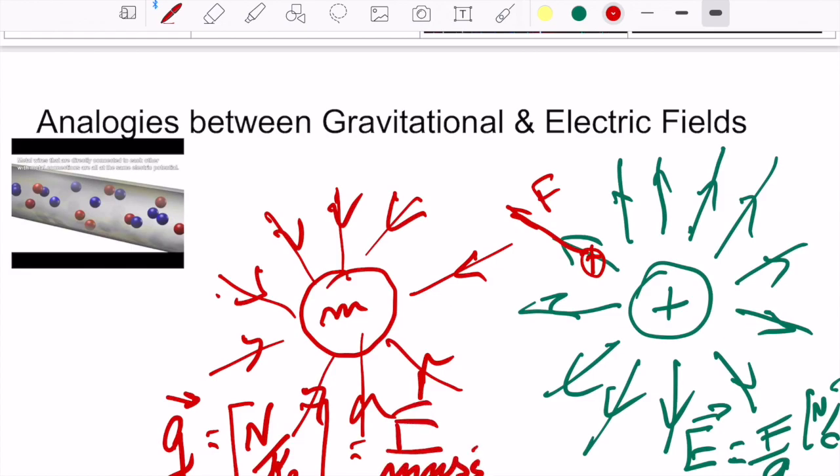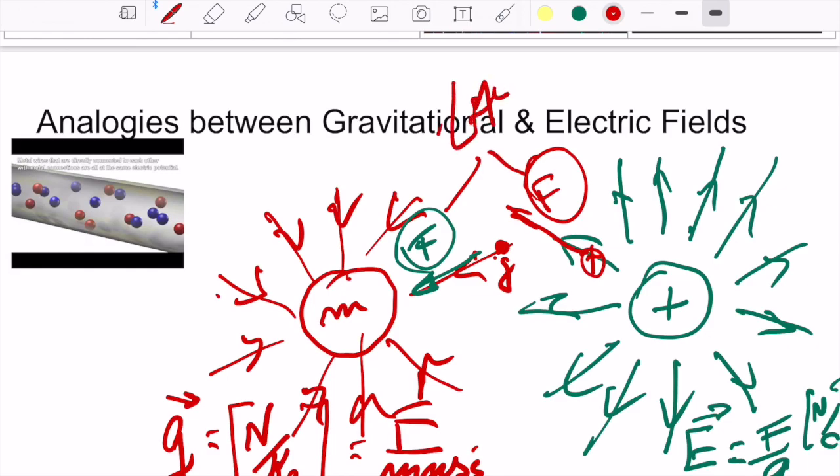So if you put a test mass, a unit mass, like 1 kilogram here on this field, it will experience a force, and that force will accelerate it in this direction. So these are the two forces that manifest. One is of a different nature from the other, but they have similar laws, as we will see. The laws that quantify these forces are quite similar.